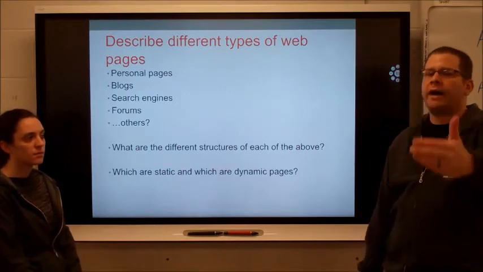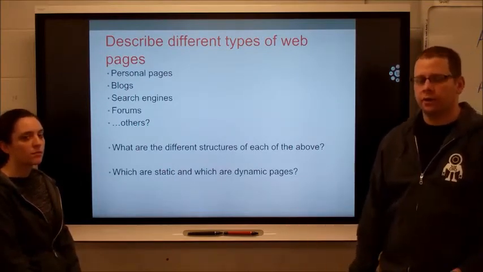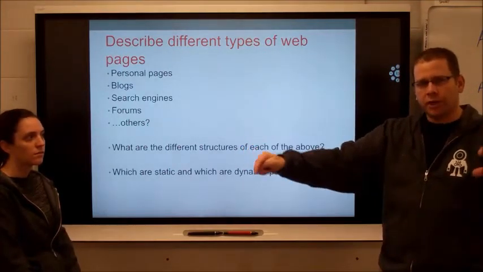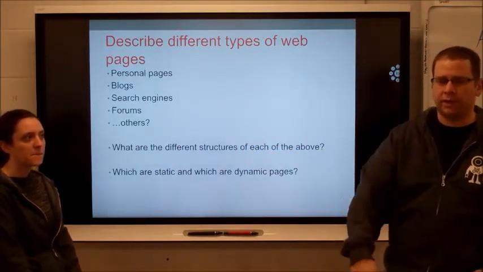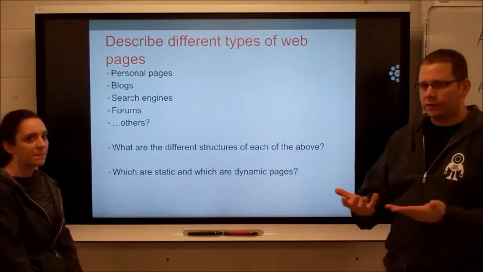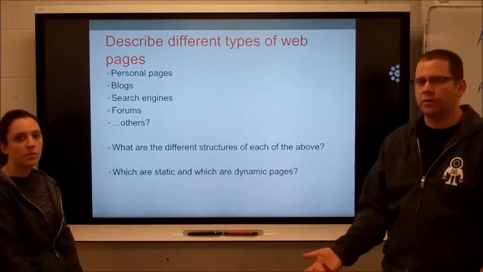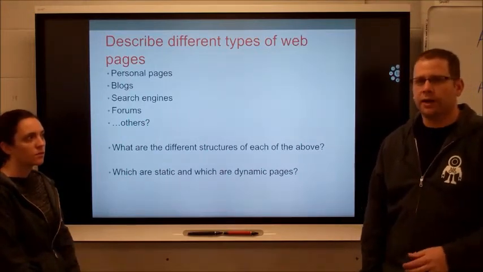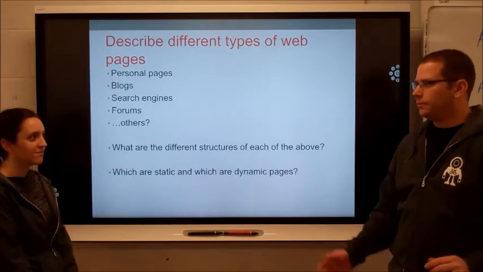But think about what would have to be similar for a search engine. You would want some kind of box to paste in your words for your search. You would also want some kind of button to click to say, hey, go search my stuff. And then also, you would want similarities between what they return. You don't want to search for, I don't know, pictures of cats and not get pictures of cats.